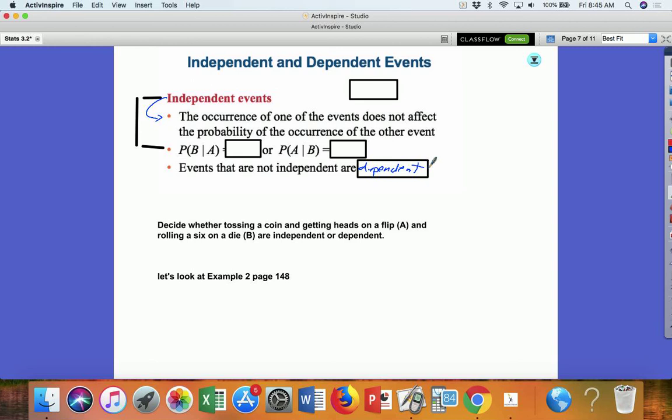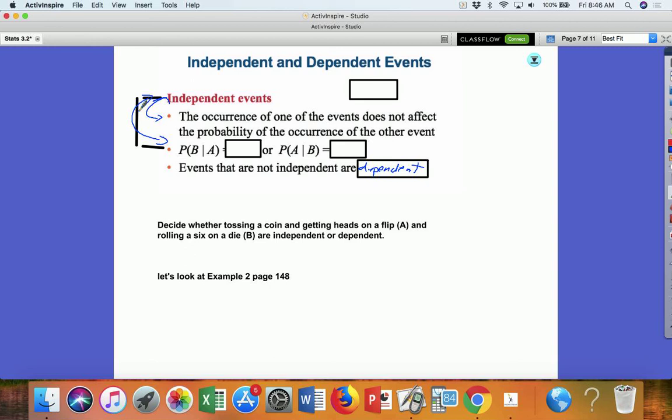And I'll go back to the other part here in a second. So if you can look at a situation and think about whether one affects the chances of the other, then you know that they would be dependent. If they did not affect it, they'd be independent.